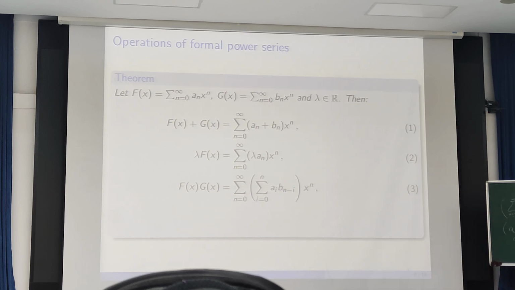So if you do this for every power of x, then you get this. In fact, it is a sum. If you replace n with 0 here, then you get a0 b0, okay? So for example, if n is equal to 2 here, you get a0 b2 plus a1 b1 plus a2 b0, and so on, okay?